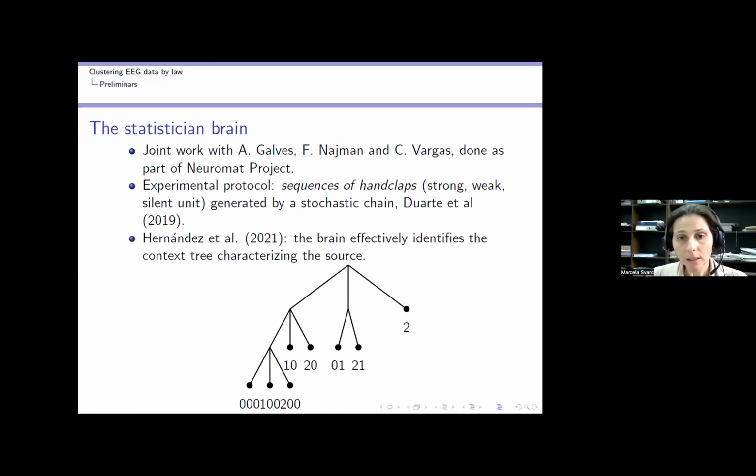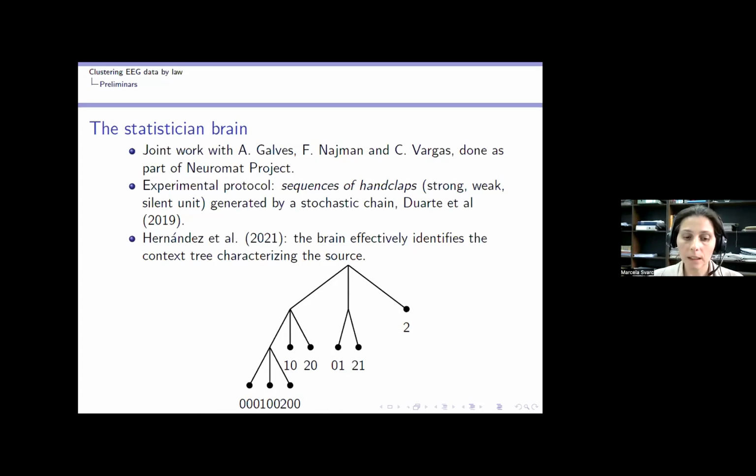Well, so they know that the brain can effectively identify the context tree characterizing the source. This means that studying the EEG signal, they can retrieve the source that produced that signal that we know follows this structure. And this is what was just presented. As you can see, this context tree has 8 final leaves, each of which represents a context.